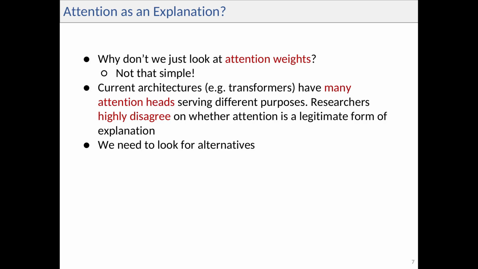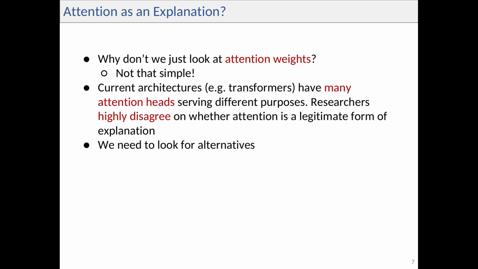And therefore the question: why don't we just look at attention weights as a form of explanation? Because they tell us which tokens the model is currently attending to produce a specific output, be that a word in a sequence or a classification score.